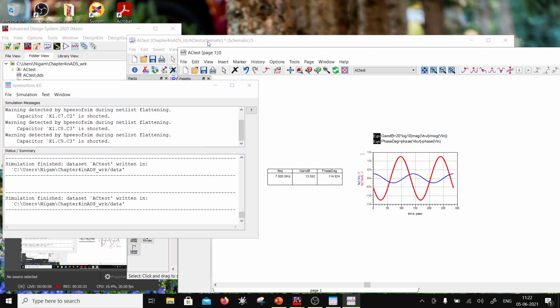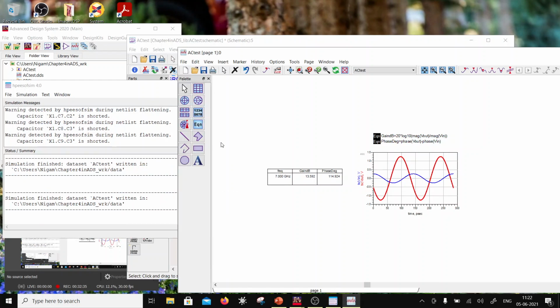Okay, what I want to do is I want to write an equation for noise figure. Okay, so gain offered to the signal is this much. Let's see what is the gain offered to the noise.